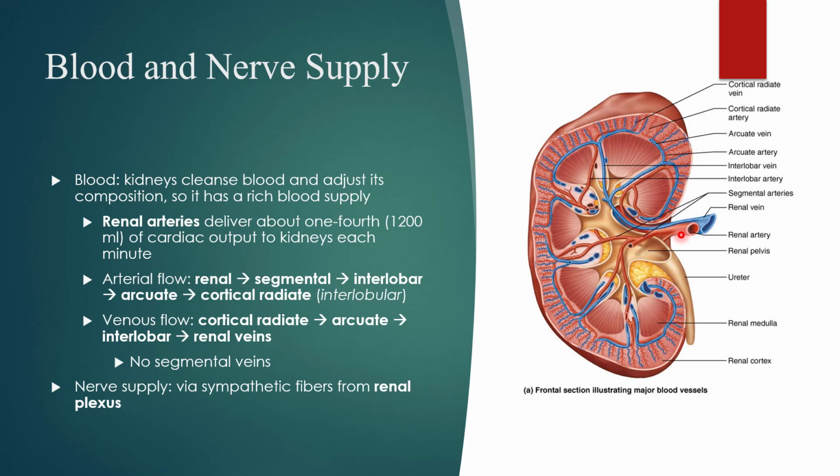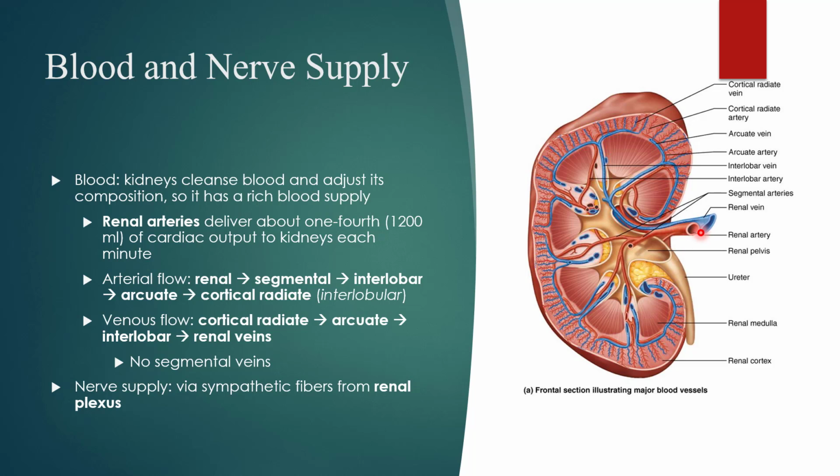You could just imagine that: 1,200 ml, 1.2 liters per minute. That's exactly how hardworking our kidneys are. You think your heart is really hardworking because it has a very effective cardiac output. Well, the renal output is also very effective.